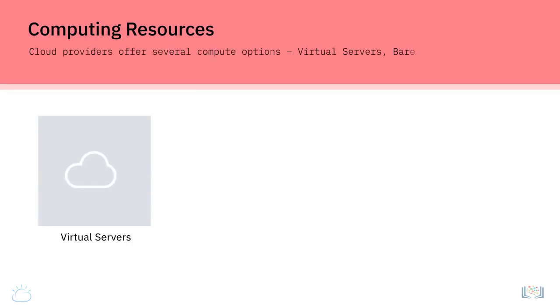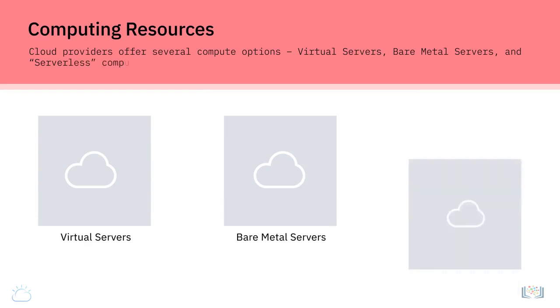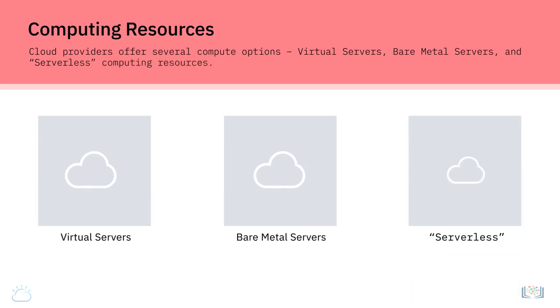Computing resources. Cloud providers offer several compute options: virtual servers, bare metal servers, and serverless computing resources. Most of the servers in a cloud data center run hypervisors to create virtual servers or virtual machines, also called VMs for short, that are software-based computers based on virtualization technologies.